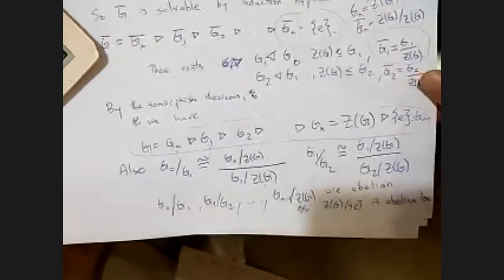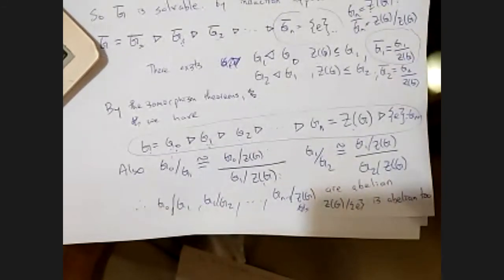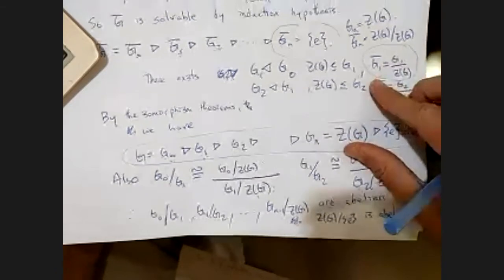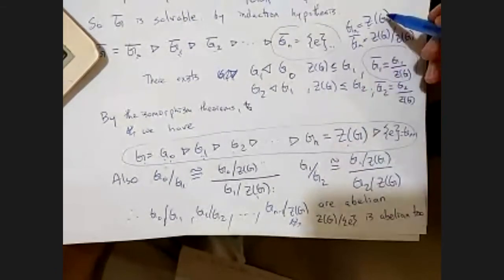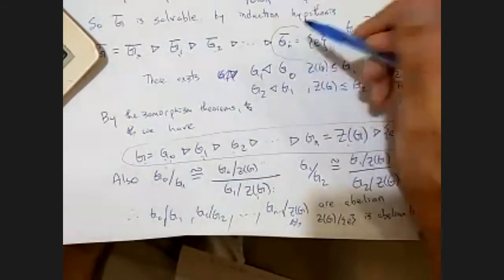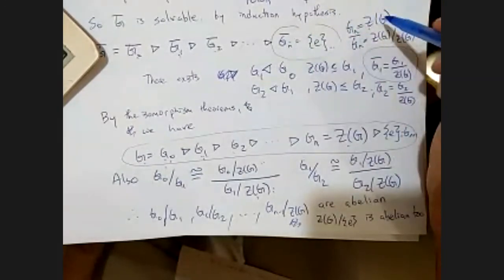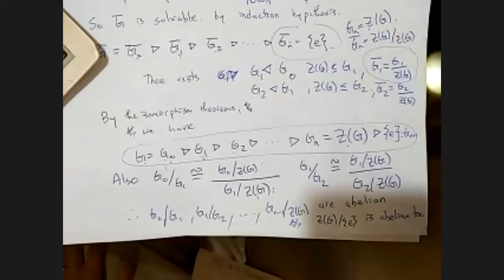But yes, thank you for that question. I'm not sure if I said it or not, but I definitely didn't write that each of these Gn bars corresponds to Gn mod the center, which was the whole point.